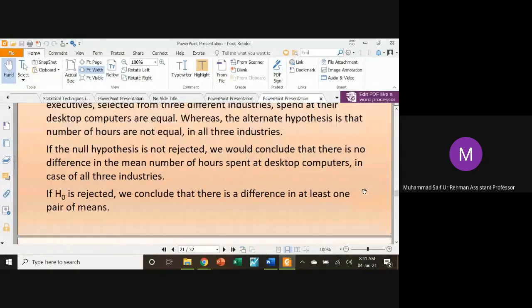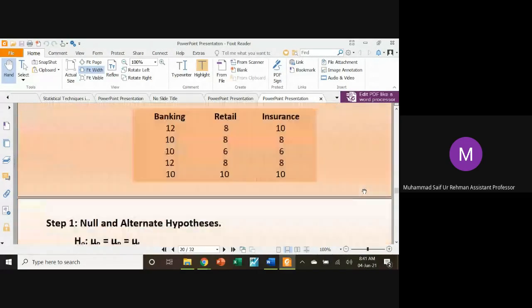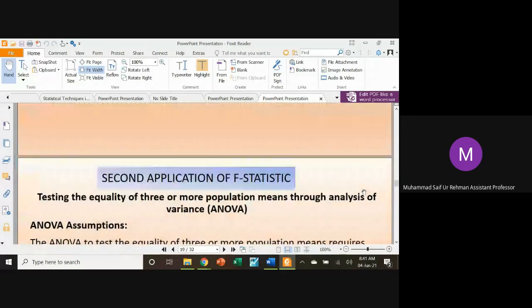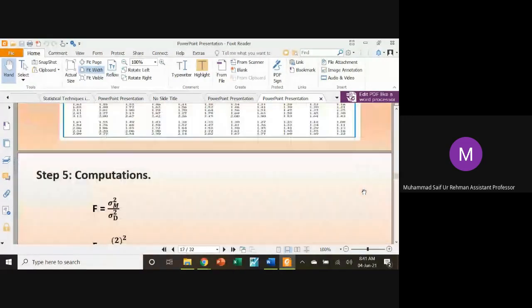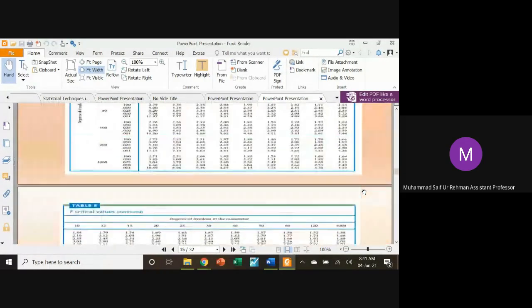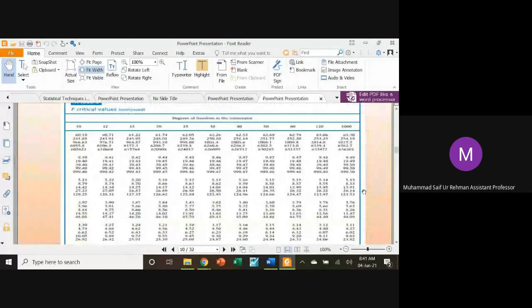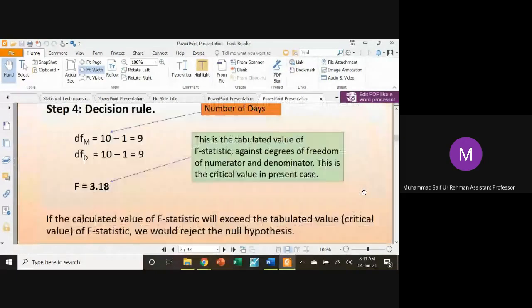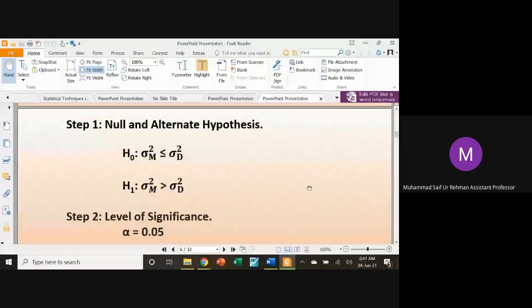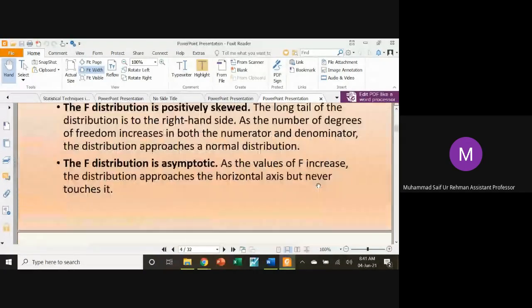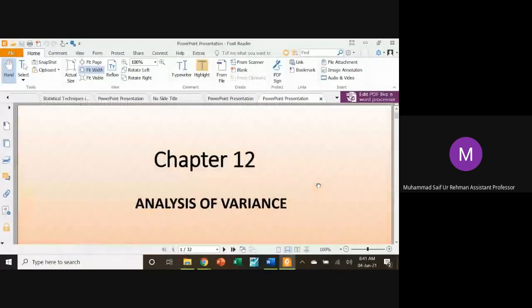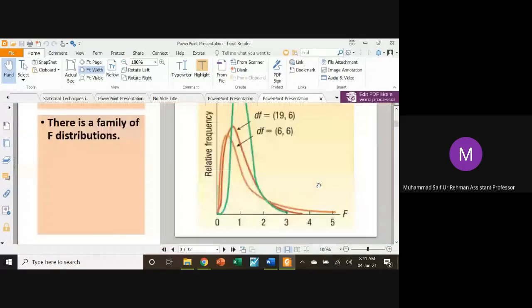in a few lectures was that initially we started the analysis of variance where we considered variances from two populations, and then we set the null and alternate hypothesis in this way. You can see in this slide, this is chapter 12 of your book.